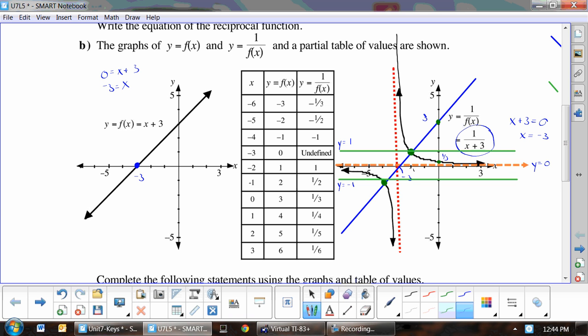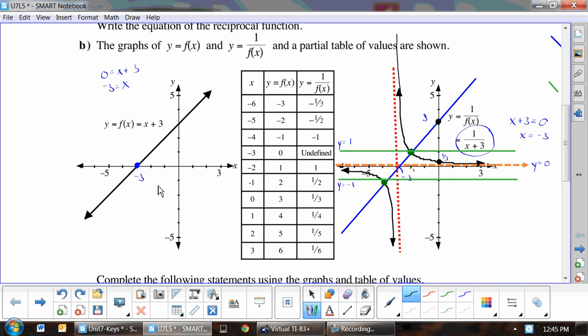So write out our Y-intercept. The Y-intercept here becomes 1/3 on our new graph. Right here.